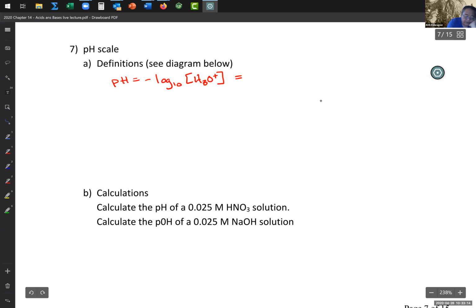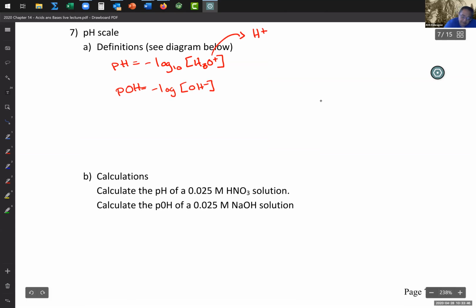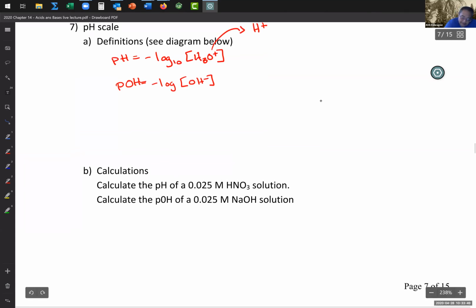So there's also a definition for pOH, and that's the negative log, base 10 again, of the hydroxide ion concentration. Now, when I write hydronium, you can also think of it as H+. So it's kind of the way you learned it, but it's a hydrogen ion concentration. And if you have a strong acid or a strong base, you calculate, for example, I'm going to calculate, these are strong, so strong acid.